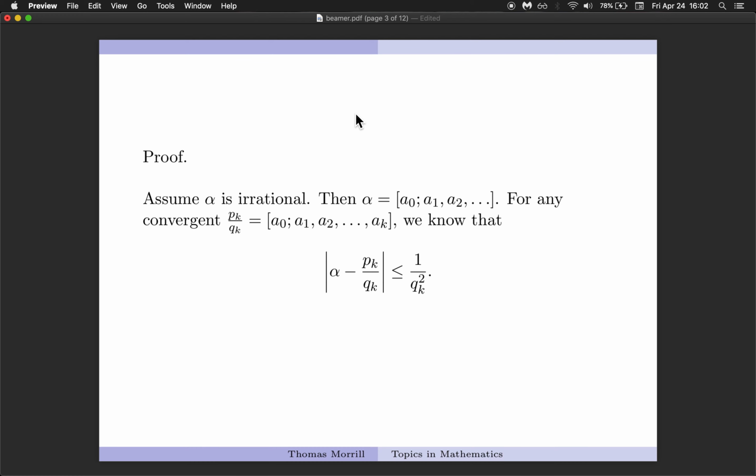If alpha is an irrational number, then I know that alpha has an infinite continued fraction expansion, right? A0, A1, A2, and so on are all integers, and really this bracket notation is shorthand for the limit of the continued fraction A0 plus 1 over A1 plus 1 over A2, and so on.